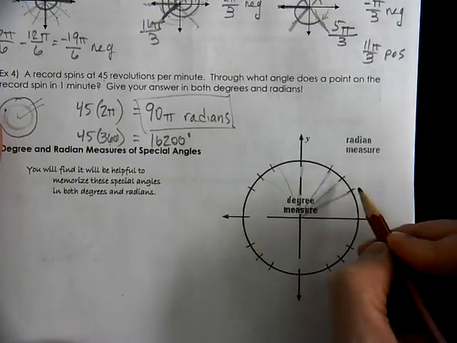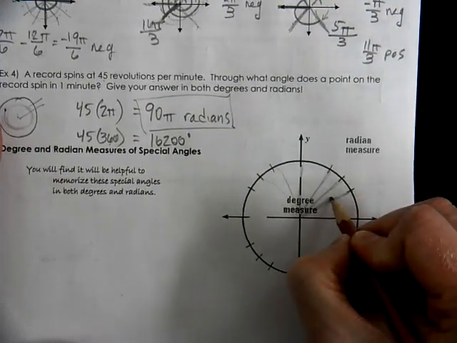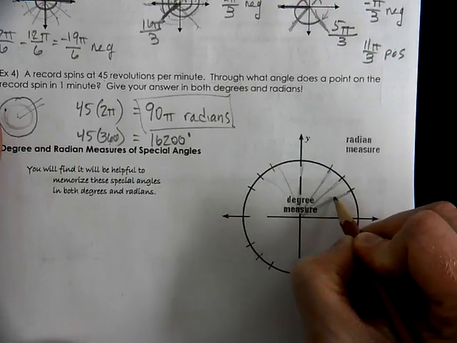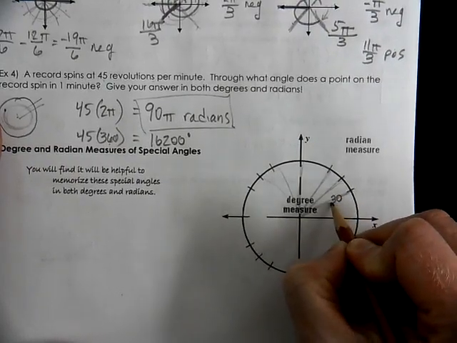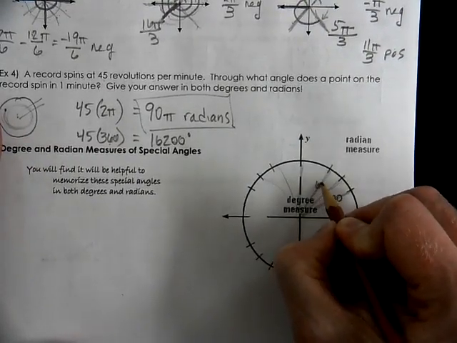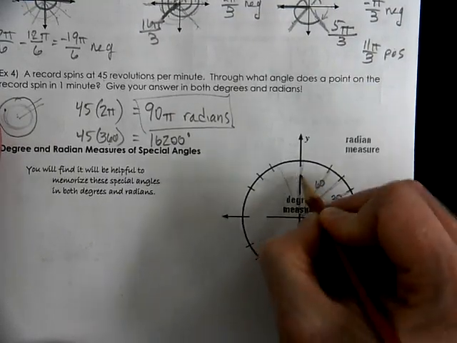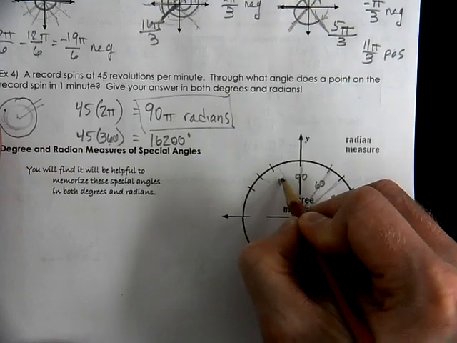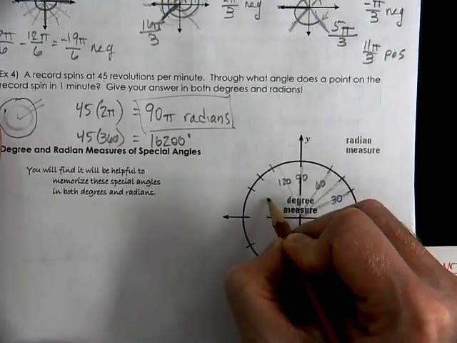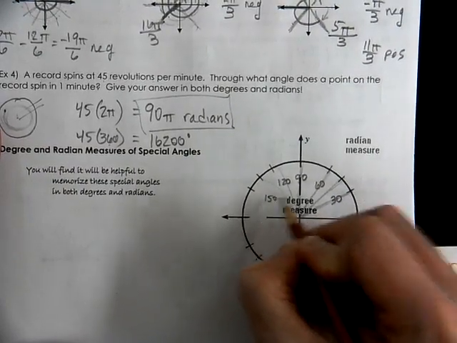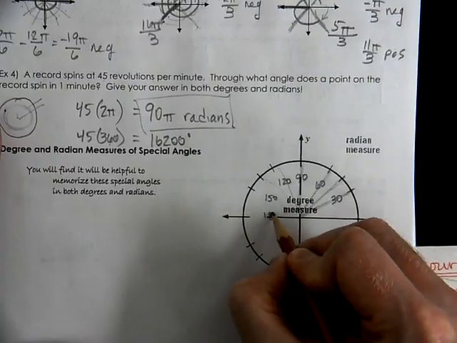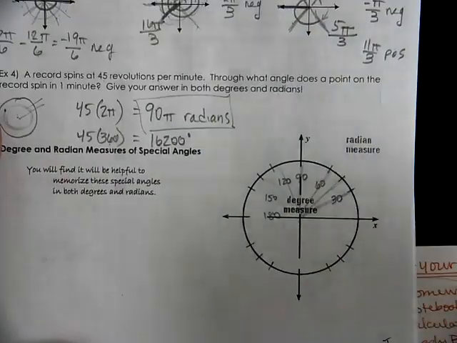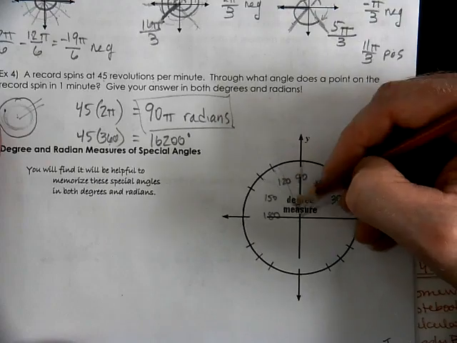So one thing that's going to be easy in terms of degrees is we go by steps of 30, and 30 more degrees goes up to 60, and 30 more degrees goes up to 90, 30 more degrees is 120, 30 more degrees is 150, 30 more degrees is 180, and you can continue going around the bottom.